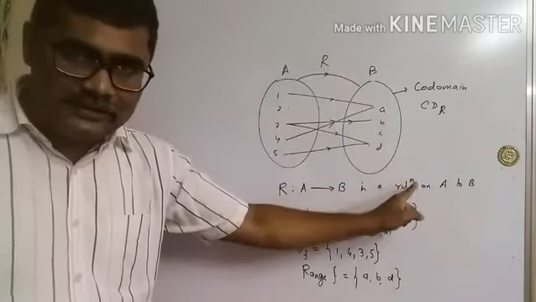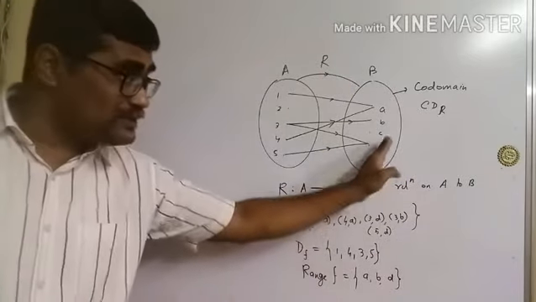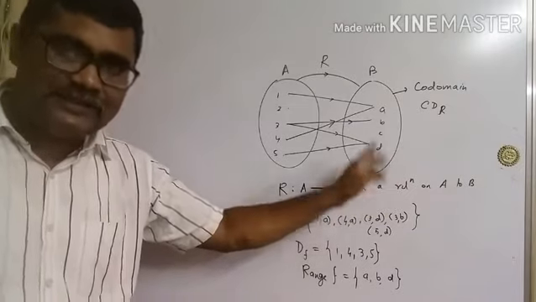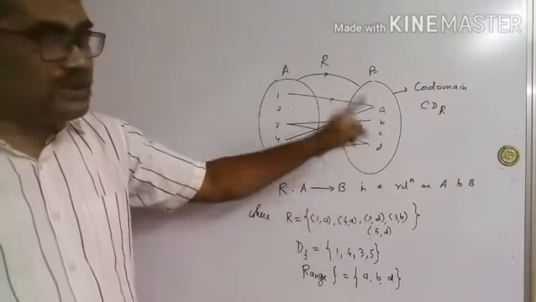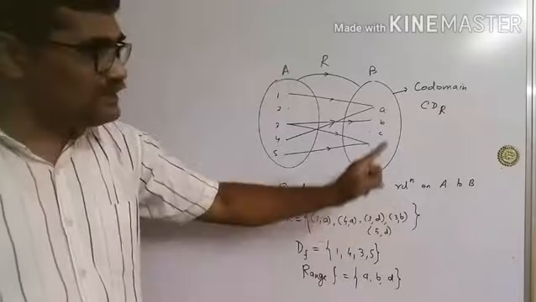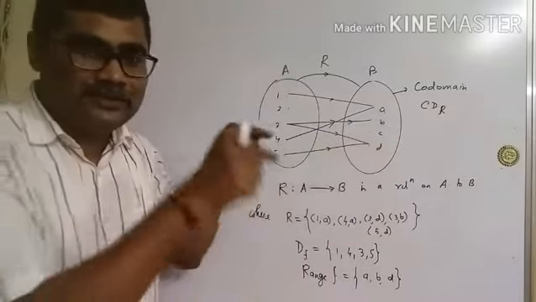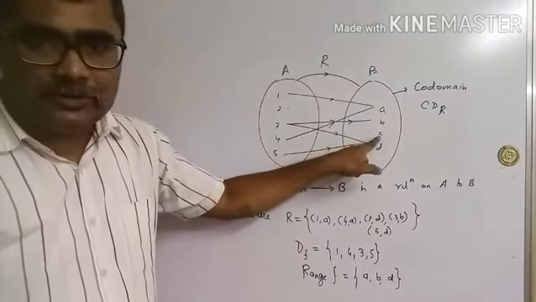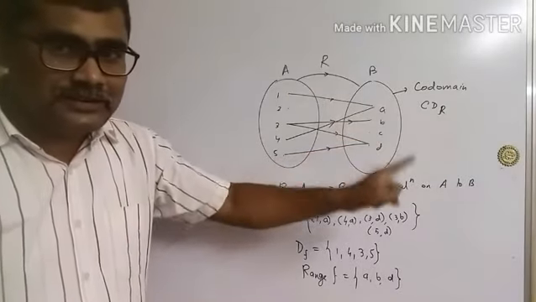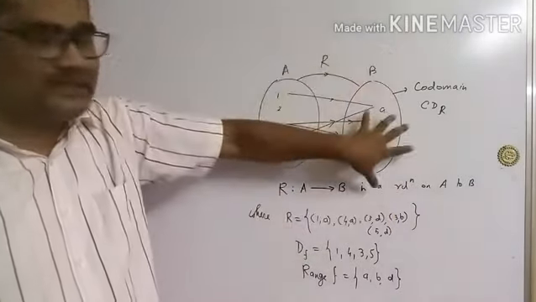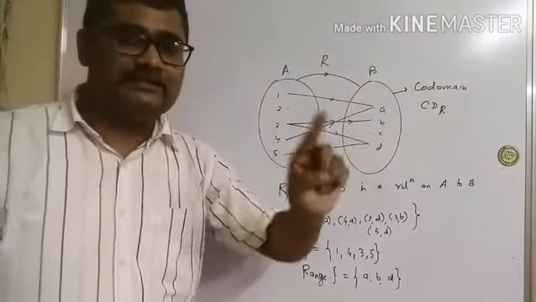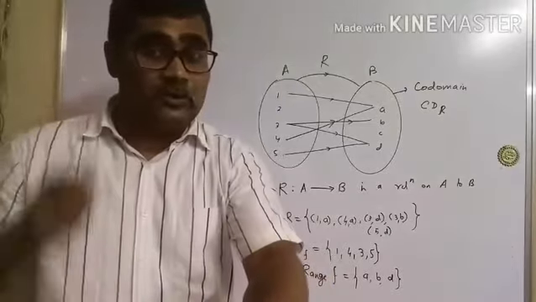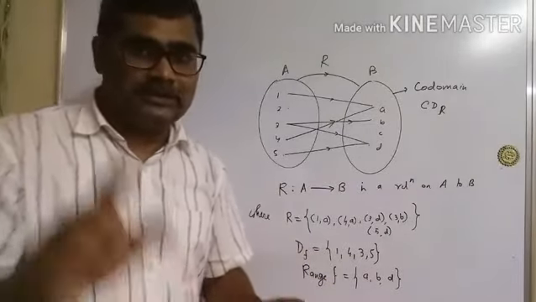In the figure, those elements which are having some relatives here constitute the range, or else I can say those elements which have some arrowheads coming to them. There is no arrowhead coming to C, so C will not be there in the range. And the entire set B in the right hand side is the codomain. So these are the glimpses you have to always remember, right?